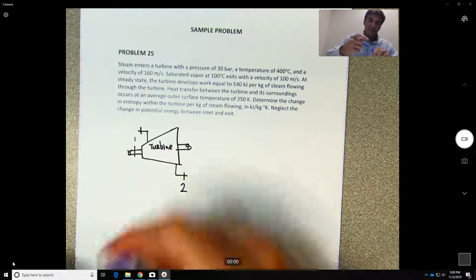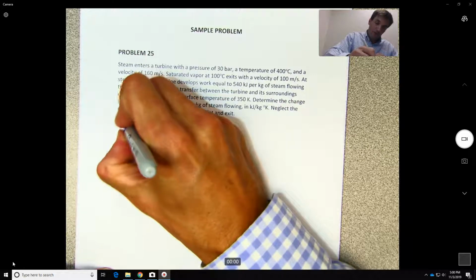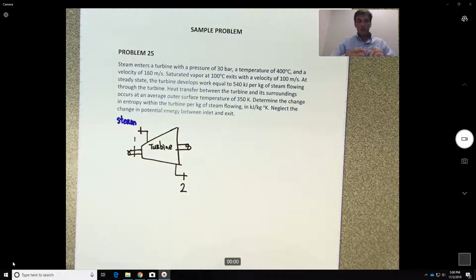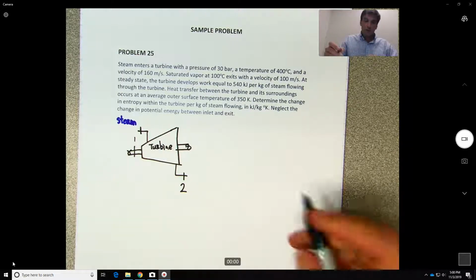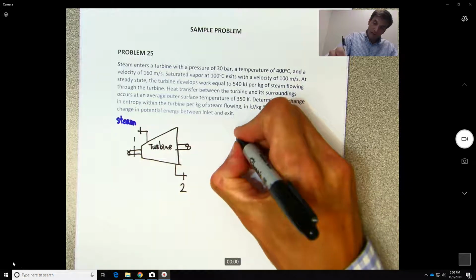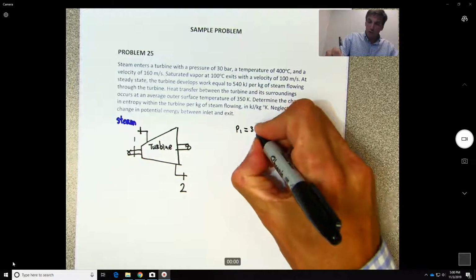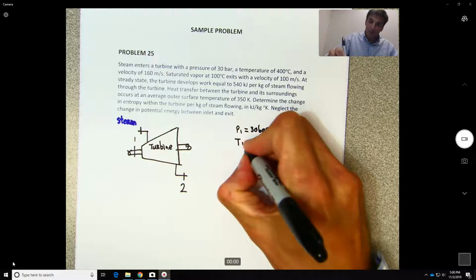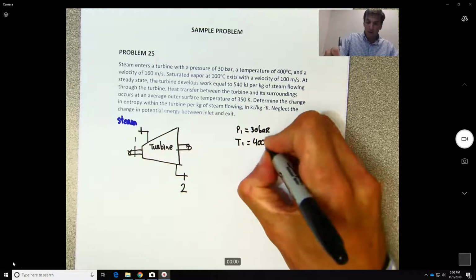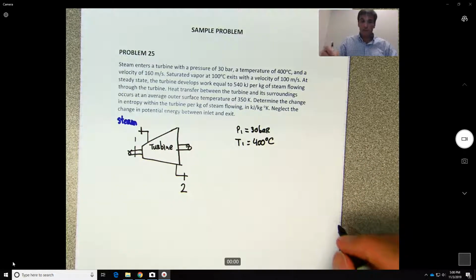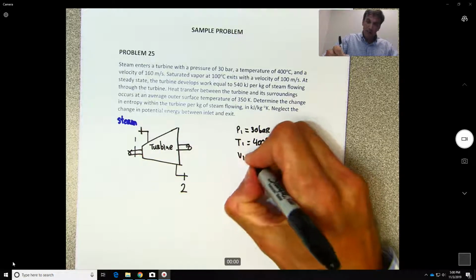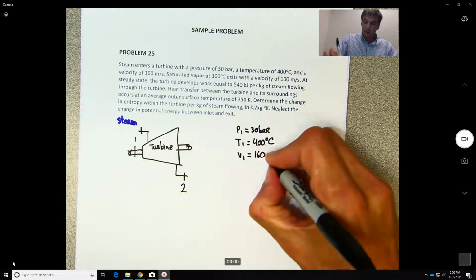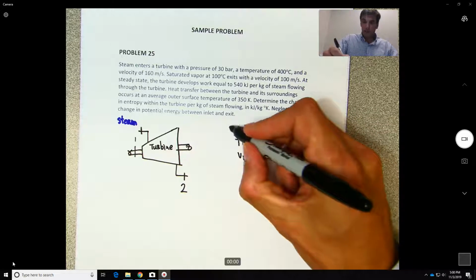So we know the substance is steam, so we know the state is superheated. Steam enters the turbine with a pressure P1 equal to 30 bars at a temperature of 400 degrees Celsius and a velocity of 160 meters per second.